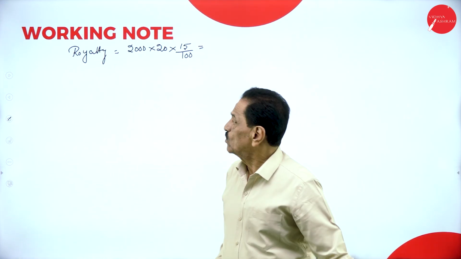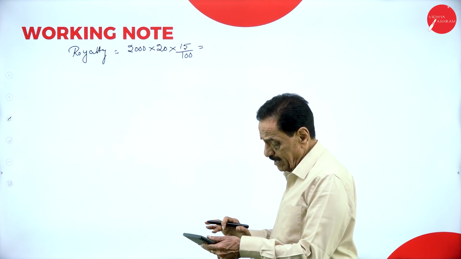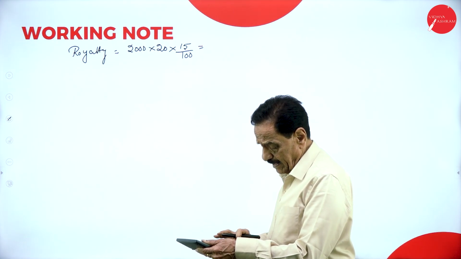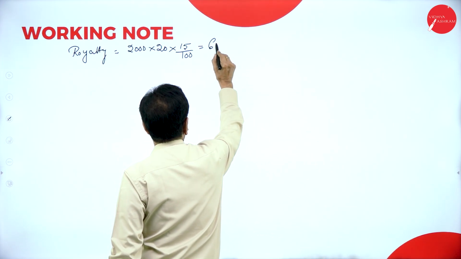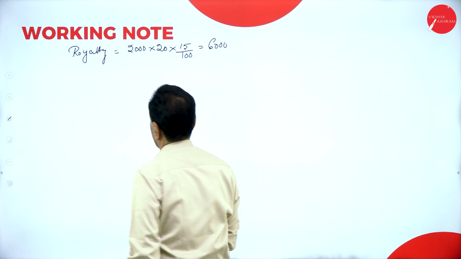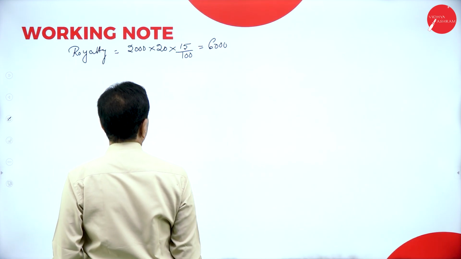So 2,000 into 20 into 15 divided by 100 is equal to 6,000. This is your royalty of the first year. Now, this goes to 1968.